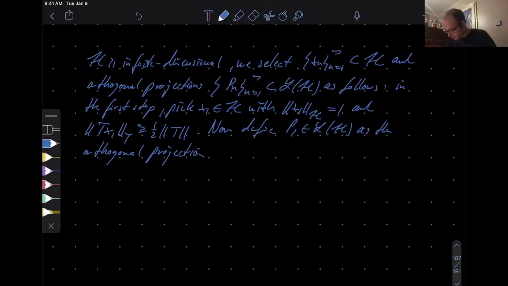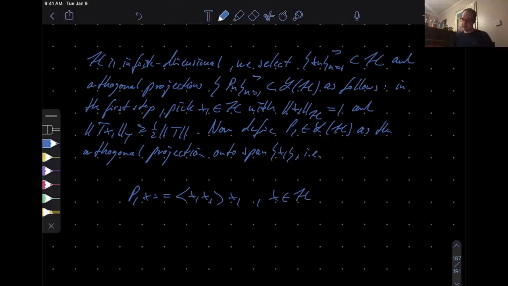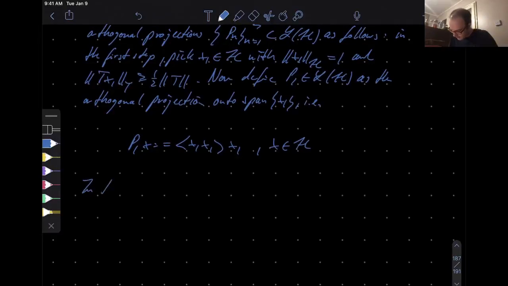Orthogonal projections onto finite dimensional subspaces come with explicit formulas, so I won't explain further why the map I'm about to write down is an orthogonal projection onto the span of x1. You just take the Fourier coefficient of x with respect to x1 and multiply it by x1. All right, good.